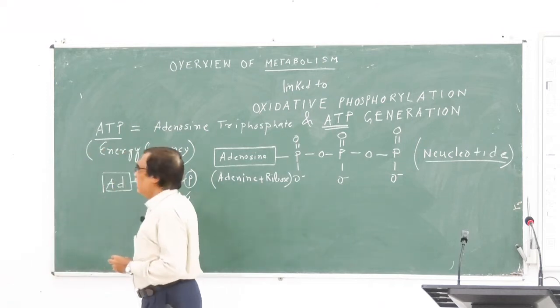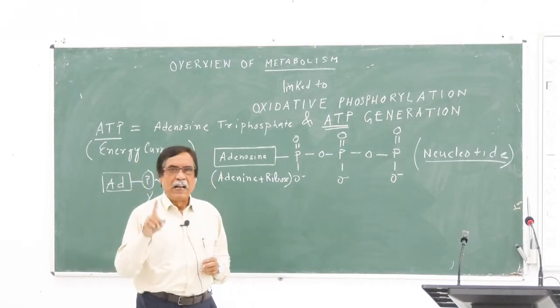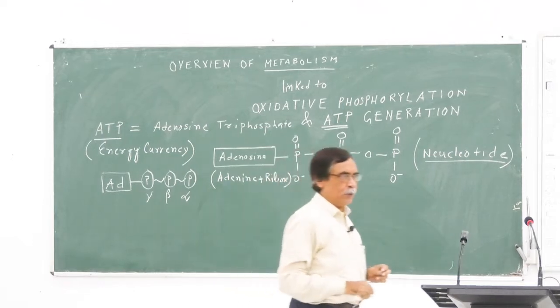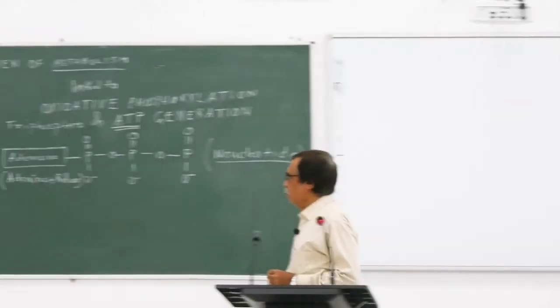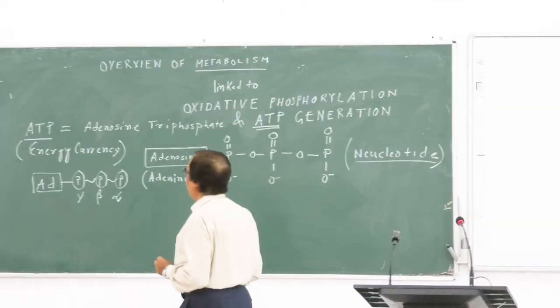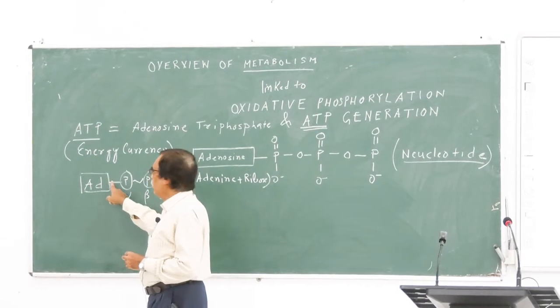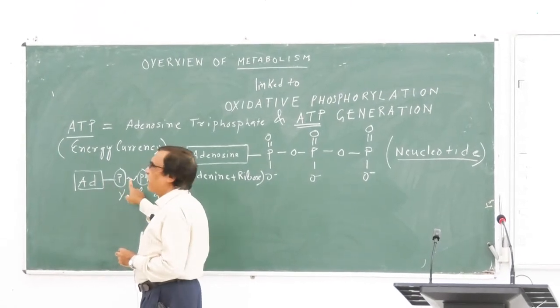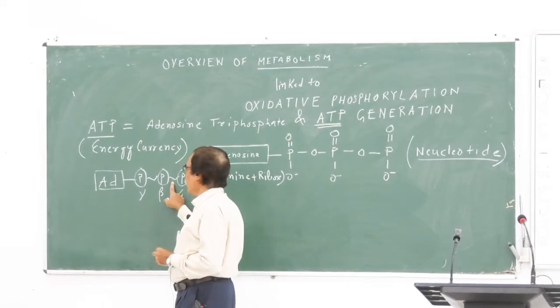And the italic, not the straight bond, means it is the high energy compound. This bond is called high energy bond. This is the normal bond. This is ester bond. This is acid anhydride bond. And this is acid anhydride bond.